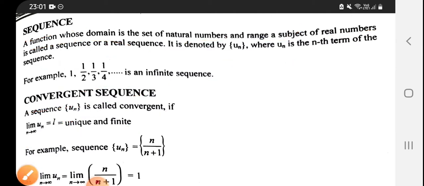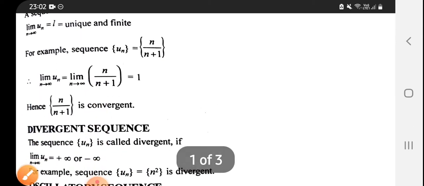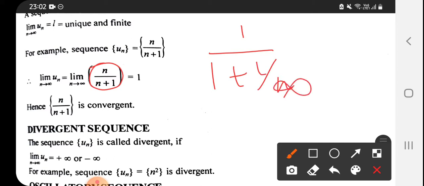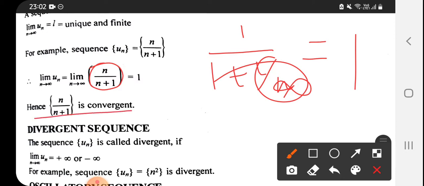If we apply the limit as n tends to infinity, we divide numerator and denominator by n, and we get 1 divided by 1 plus 1 by n. As n tends to infinity, 1 divided by infinity gets 0, and 1 upon 1 plus 0 is 1. This is a finite value. Here this sequence is convergent.